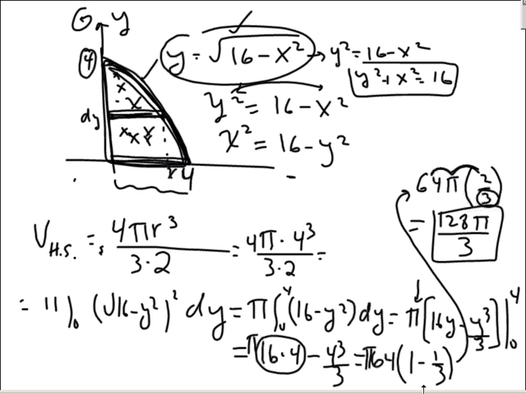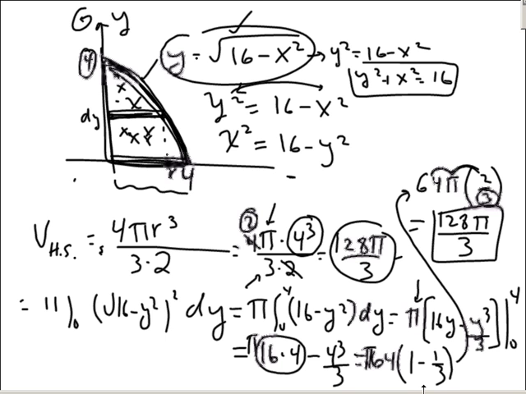Now, 2 goes into the 4 2 times. This is 64. When I multiply it by 2, I get 128. And then I multiply it by pi. And then I divide it by 3. And what do you know? I got the same answer.